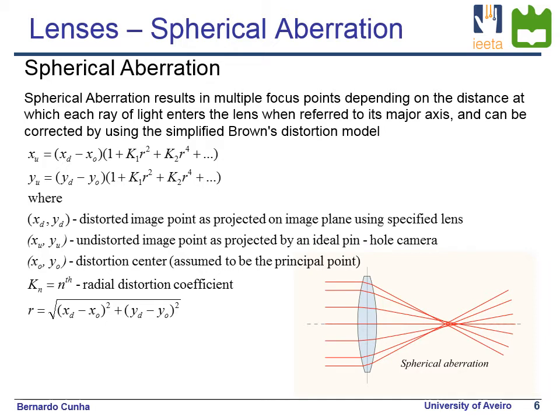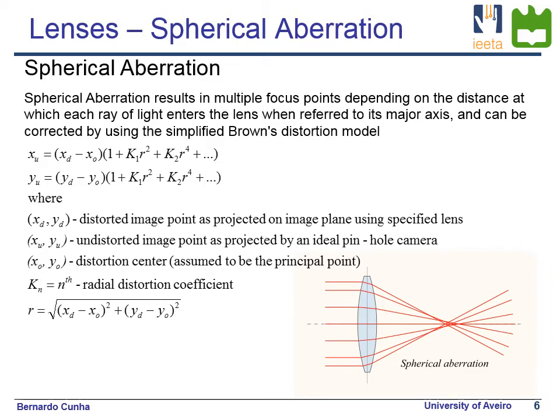And here, just looking into it fast, XU and YU are basically the undistorted image point as projected by an ideal pinhole camera. And we can get that because we know in advance the kind of image that we are looking at. The XD and YD are the distorted image point as projected on the image plane using a specified type of lens that is on the sensor.